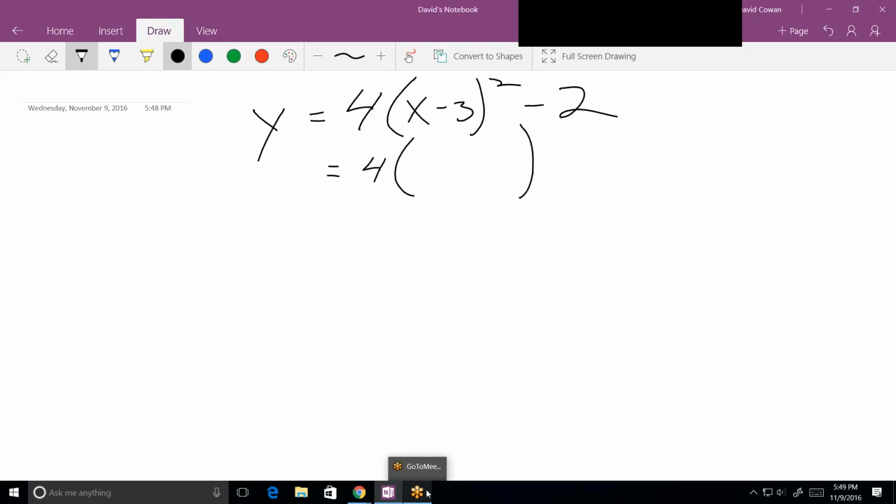That should expand to, hold on, I'm writing it out. So that'll be x squared minus 3x minus 3x plus 9. Notice, remember when we completed the square?